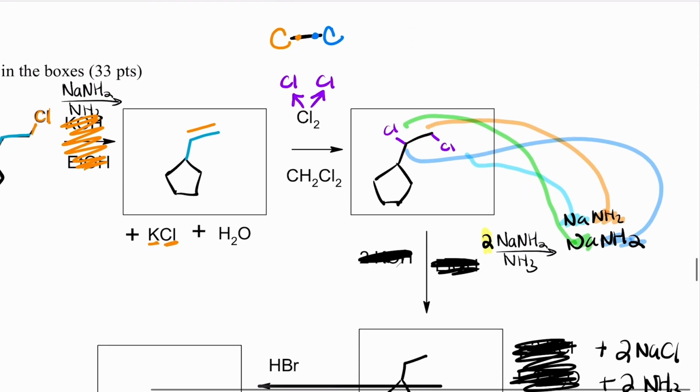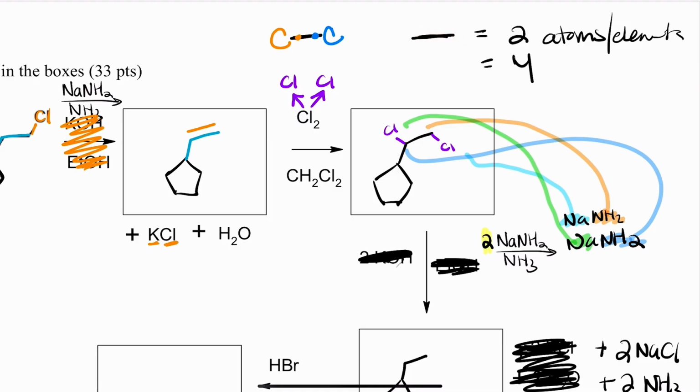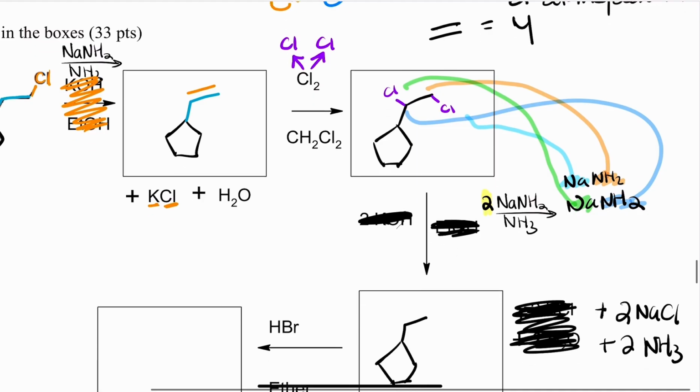And remember, 1 bond equals 2 atoms or elements, whatever. What does that mean? If we take 2 things away, we're going to get a new bond. If we take 4 things away, we're going to get 2 bonds, because 1, 2, 3, 4, right? 1, 2, it's a bond, 2 things. 1, 2, 3, 4, double bond, 4 things.